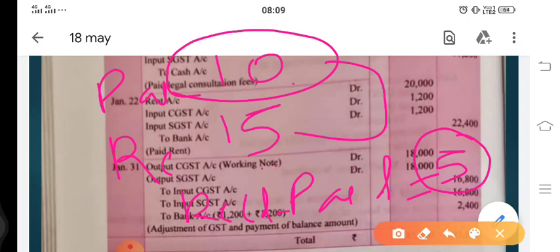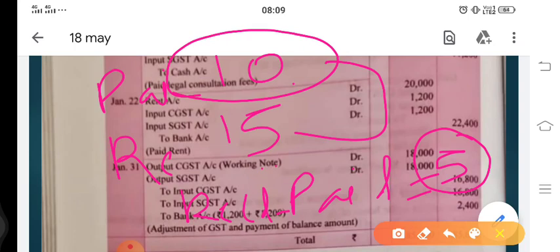But when we talk about CGST and SGST, they cannot be utilized against one another. So output CGST can be applied towards input CGST only, and output SGST can be applied towards input SGST. We'll go with an example.